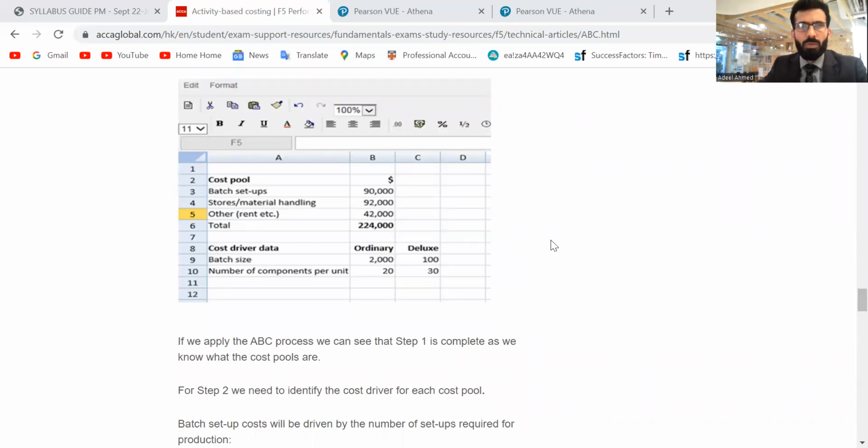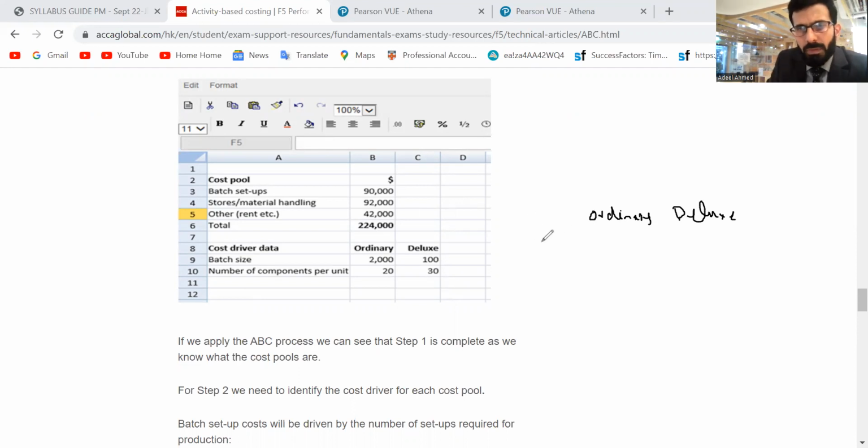If we take those overhead absorption rates and multiply them with what we identified earlier as the cost driver data, it would allow us to calculate the total indirect cost related to each product, ordinary and deluxe.